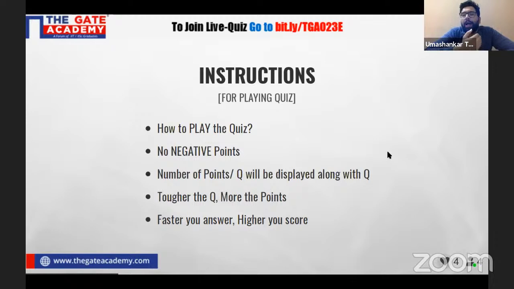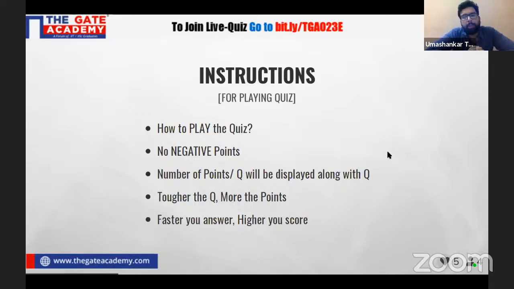The faster you answer, the higher you score. That means you are getting points not only for giving the correct answer, but also for the time duration. The sooner you answer the question, the more points you will have.